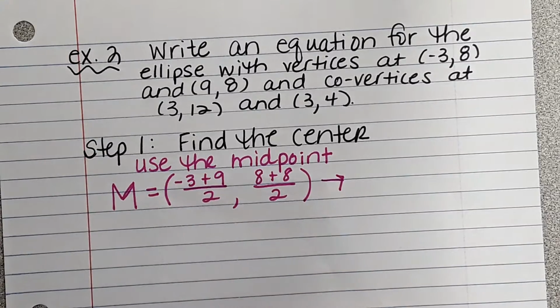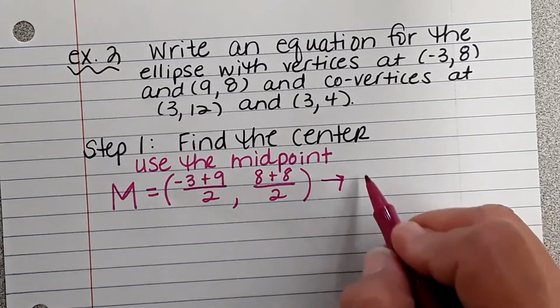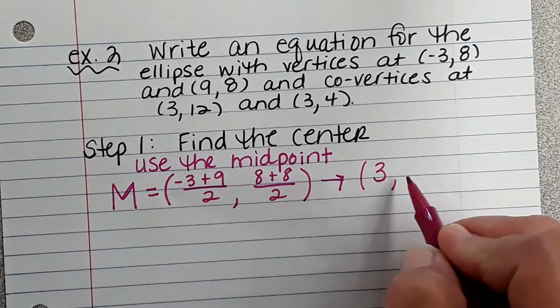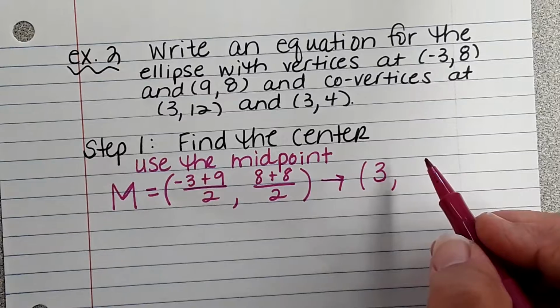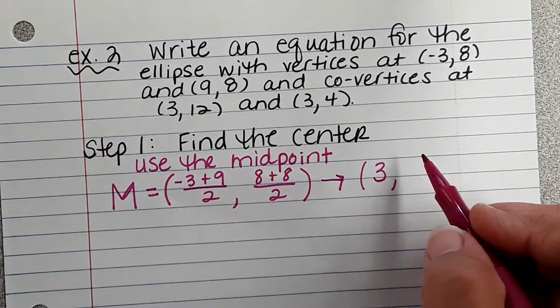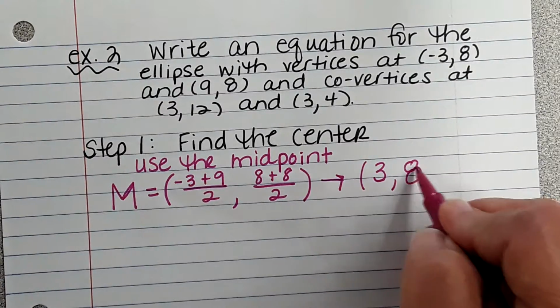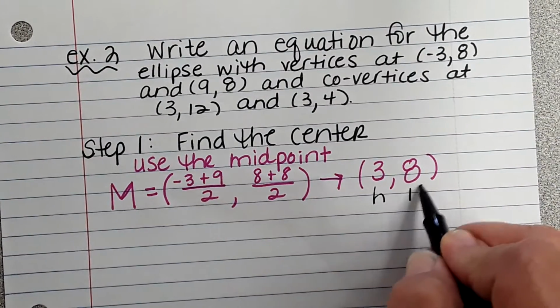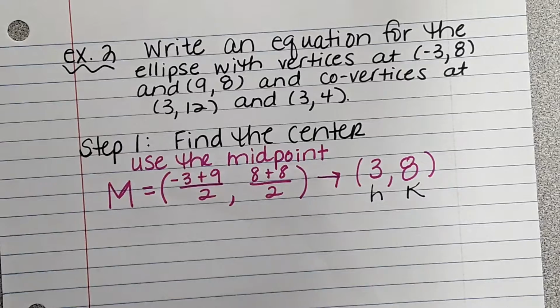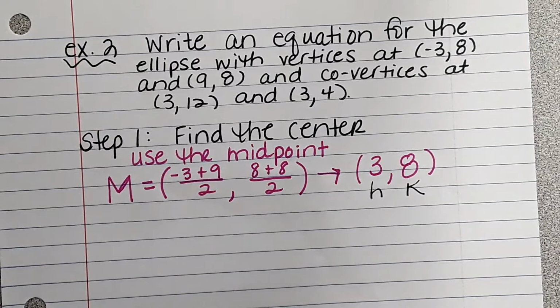What is 6 divided by 2? 3. And then 8 plus 8? 16. And 16 divided by 2? 8. So our center is (3, 8). That means this is our H and this is our K. So we know that when we go to put it in the equation.